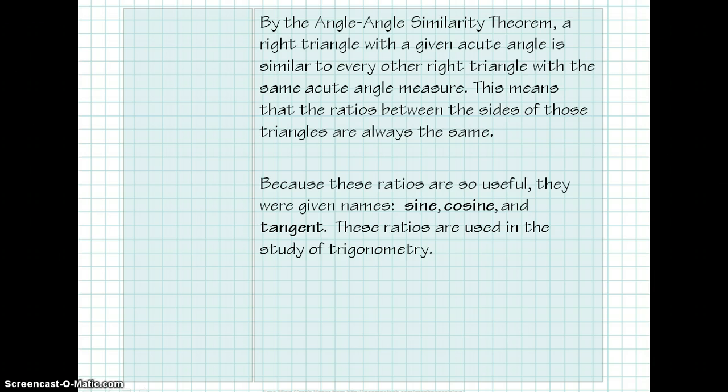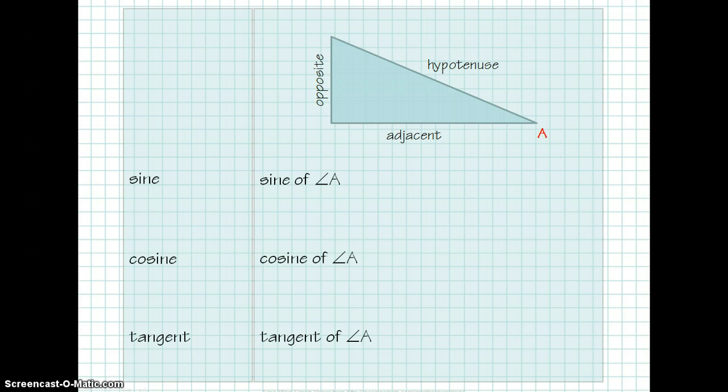All right, so we're going to look at how those things are defined. Everything in trig, at least for this stage, is related to a given side and a given angle.